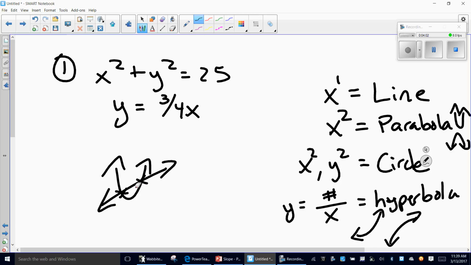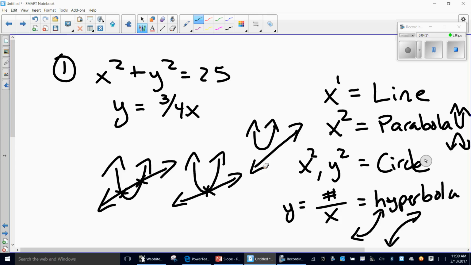Okay, so this one would have how many answers? 2. Is there another option there? Could I draw it a different way so that it might have something different? What if it looked something like this? How many answers would it have? Just 1.